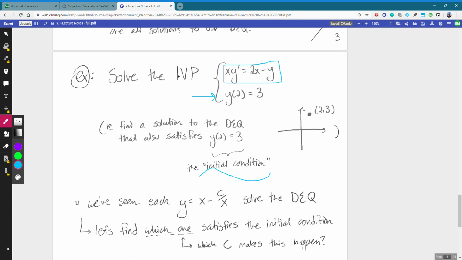And so the language here of solve the initial value problem means we want to find a solution to the differential equation that also satisfies y of 2 equals 3. And this is another way of phrasing the fact that our solution curve passes through the point 2, 3.